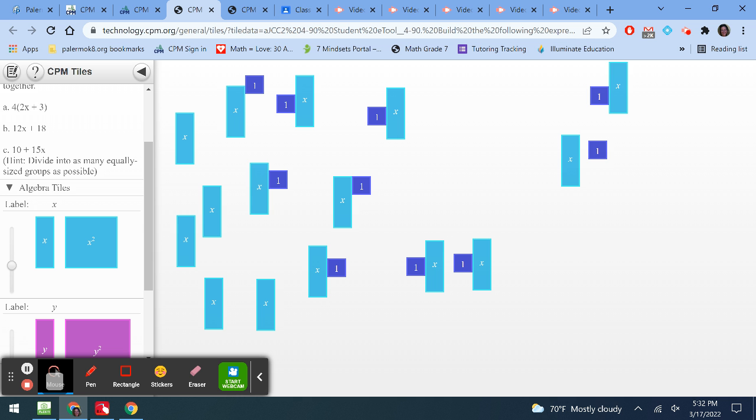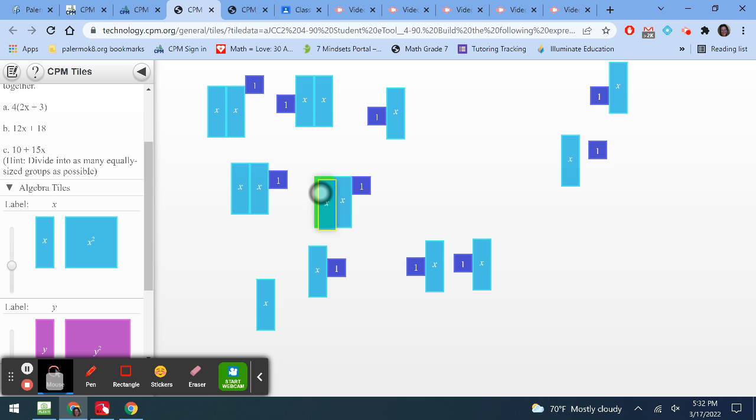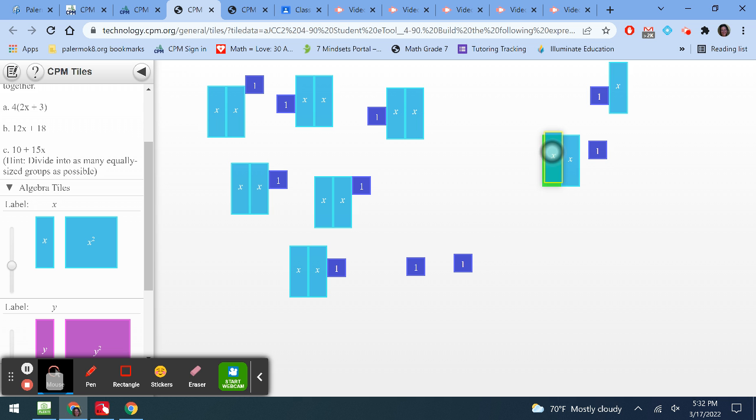So let's try it if we have 2 of the X's together. Okay, so I have that. Well, let's see. I'm going to put this guy up here and that one right there. That still didn't work. It still has some left over and they don't all match.